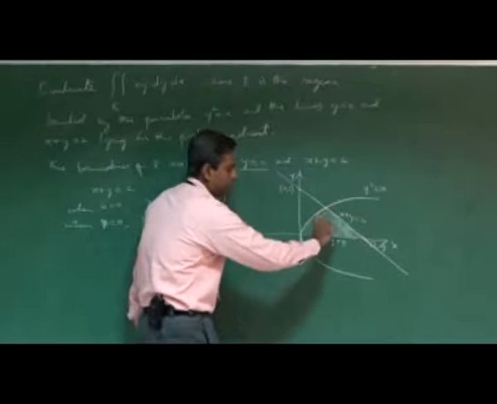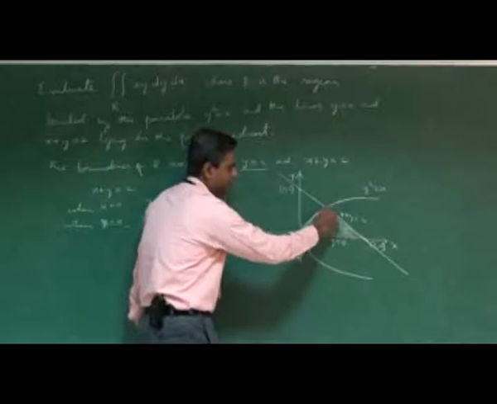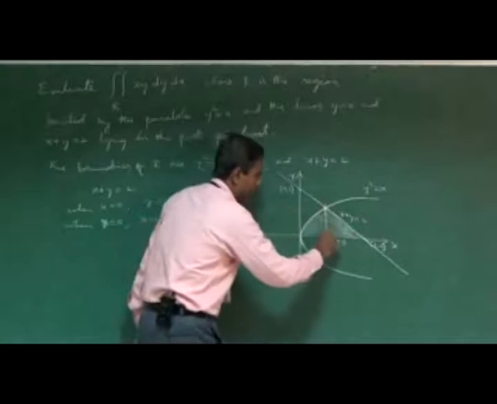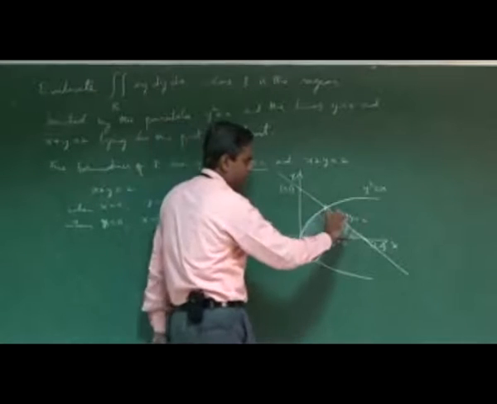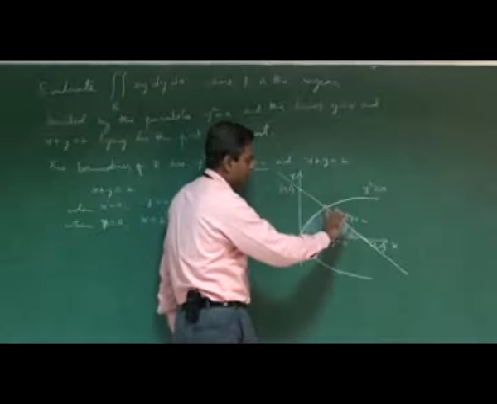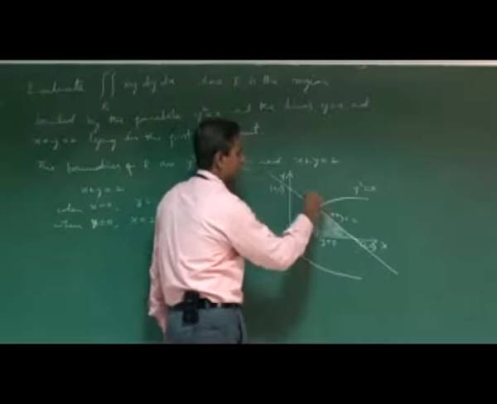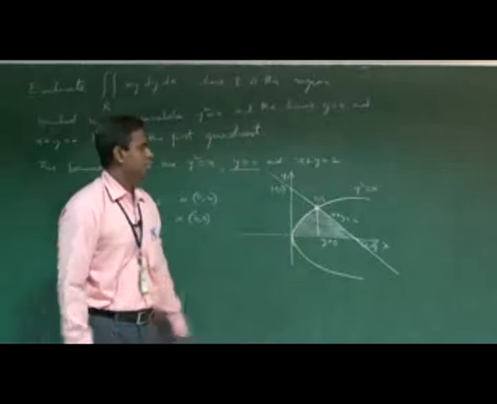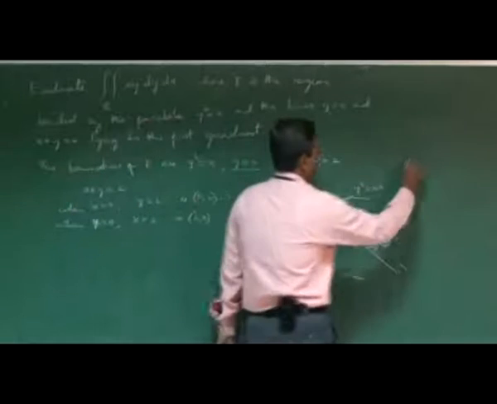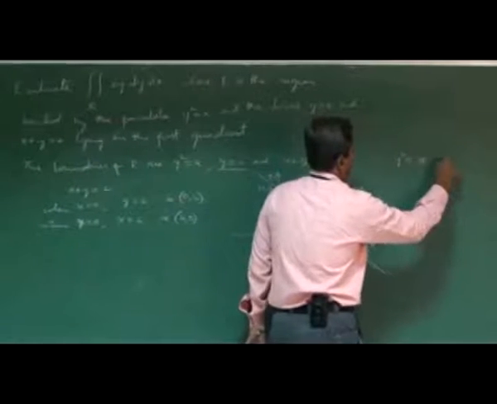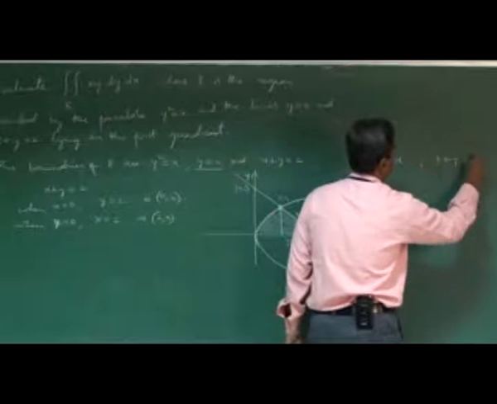The region increases up to the point here, and it decreases at the point here, that is the intersection point. We find it by solving y squared equal to x and x plus y equal to 2.